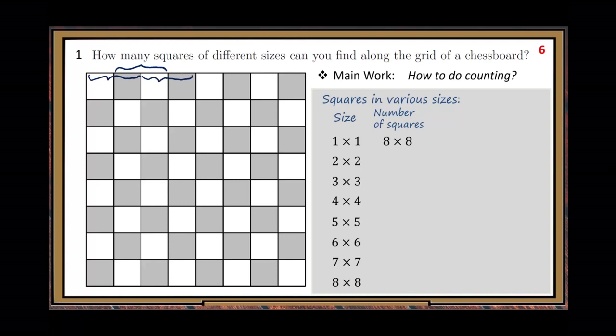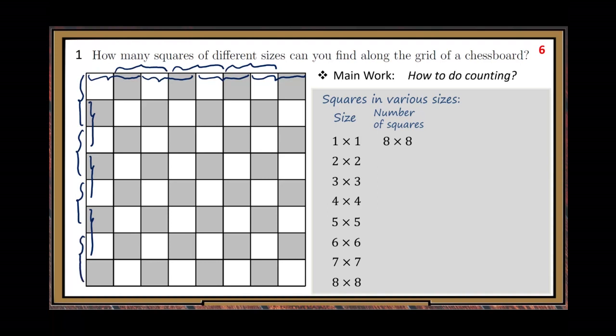The third one, the fourth one, fifth, sixth, seventh, the last one. Similarly, for the vertical dimension, we have the same result. 1, 2, 3, 4, 5, 6, and 7.